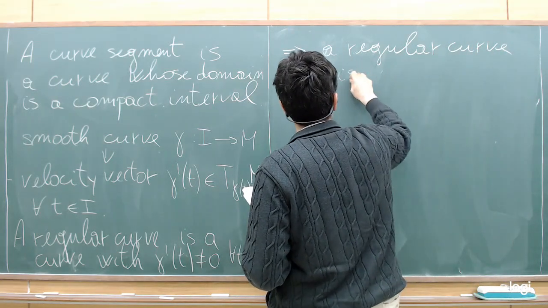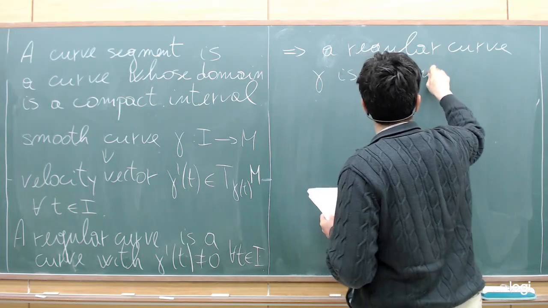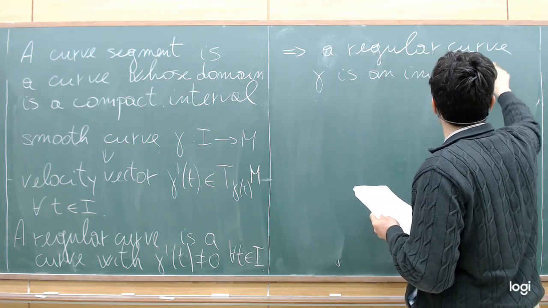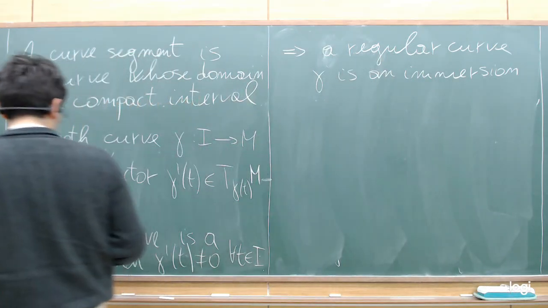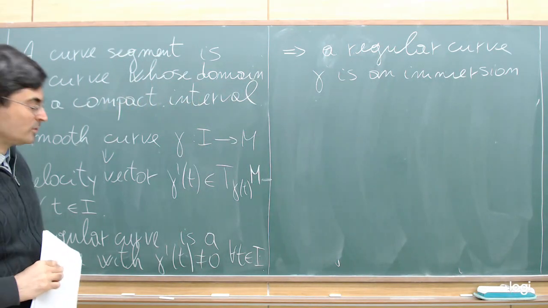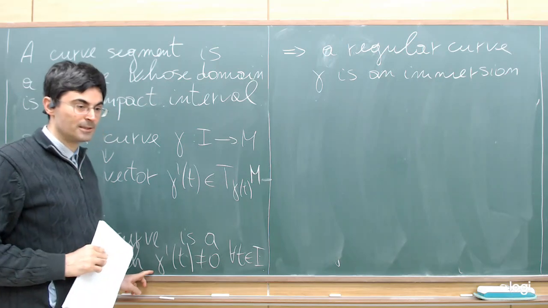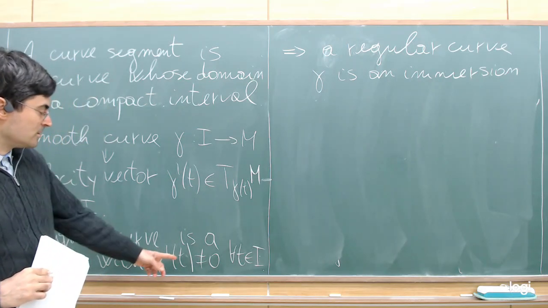Gamma is an immersion. Why? Because the differential of gamma, which can be identified with gamma prime, is injective.